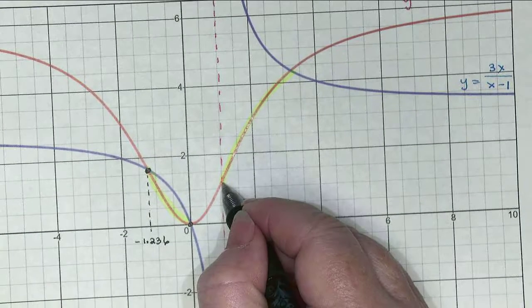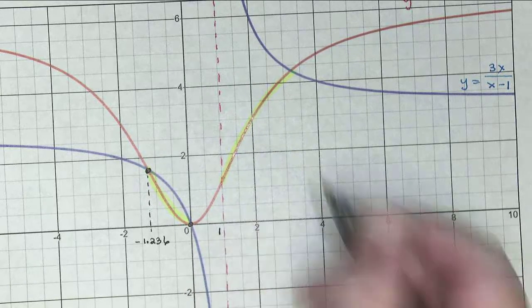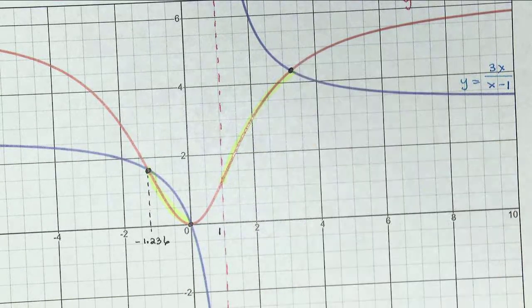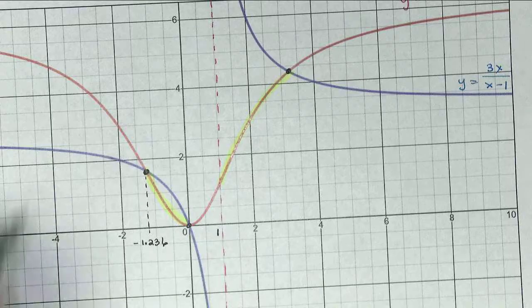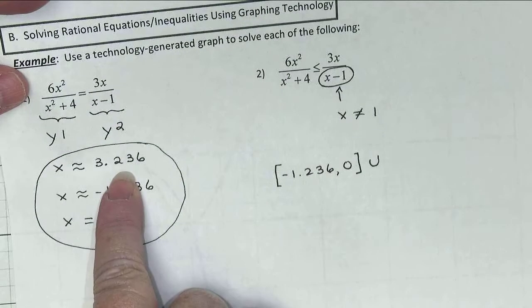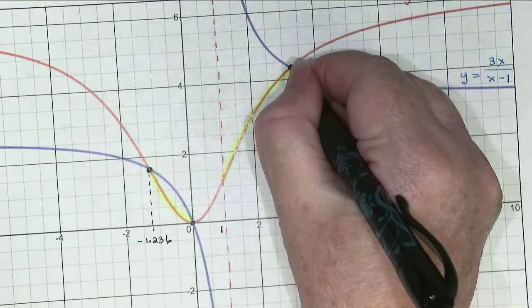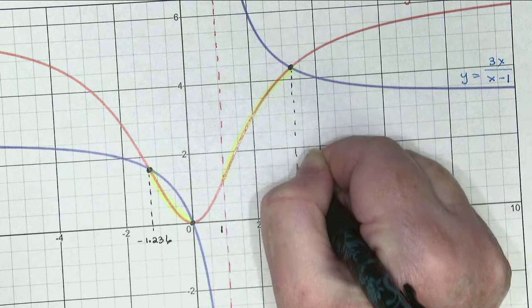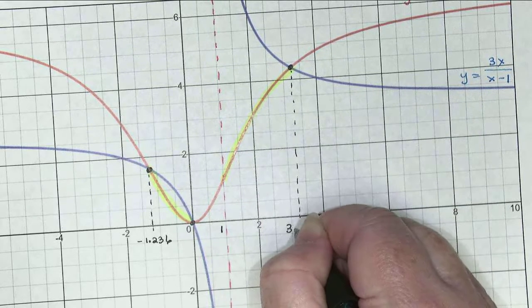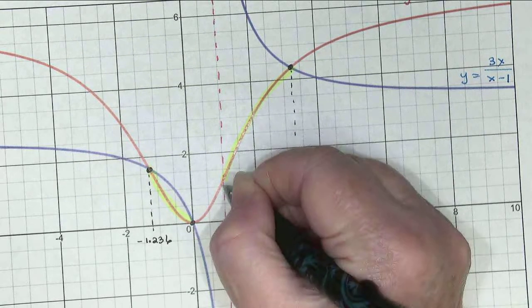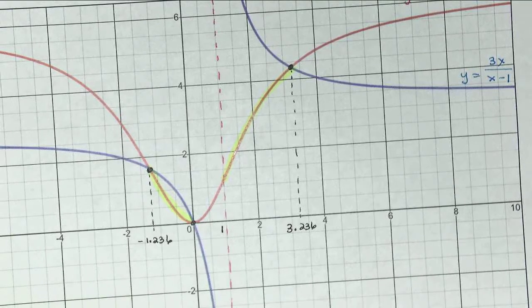Then, from the asymptote here at 1, until that intersection point, which if you look back was 3.236, we again have the red graph below the blue one.